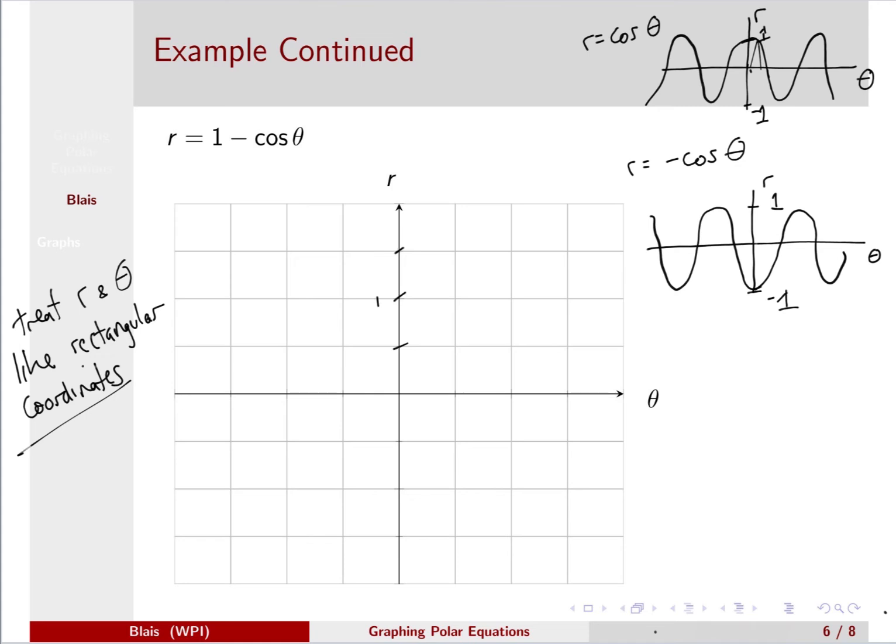So say this is our 1, and here's 2. So we simply take this graph and shift it up 1 unit. And so we have something that looks like this.